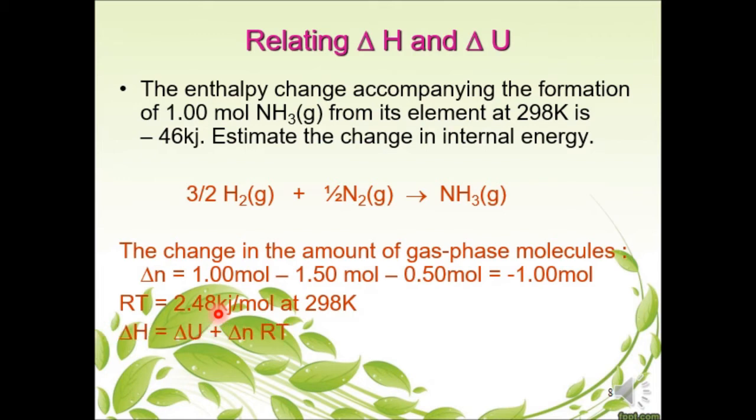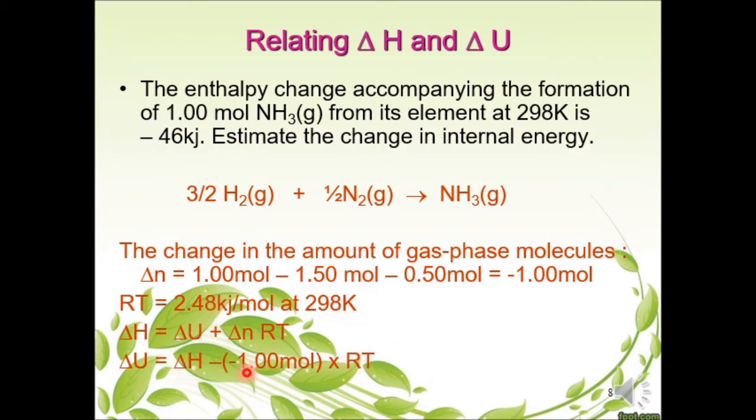Next, the formula relating enthalpy as well as internal energy. We rearrange because we want to calculate this. So we get this: enthalpy minus negative 1 mole just now times RT, which has already been calculated, so we just substitute here.